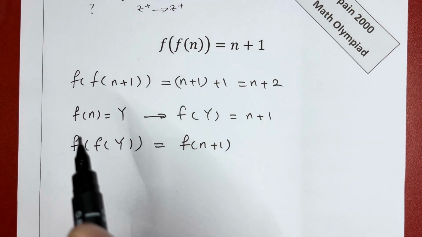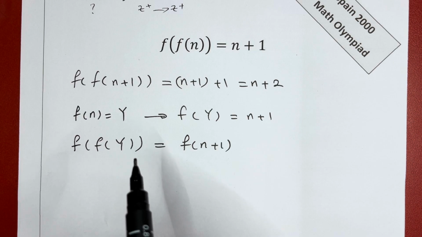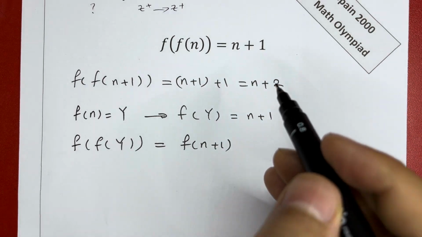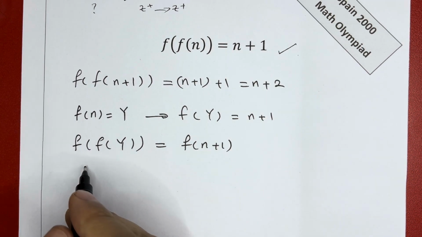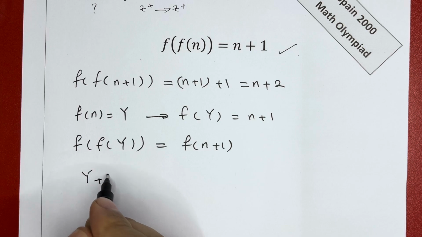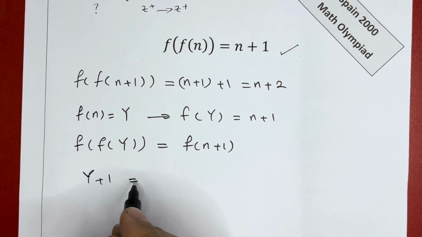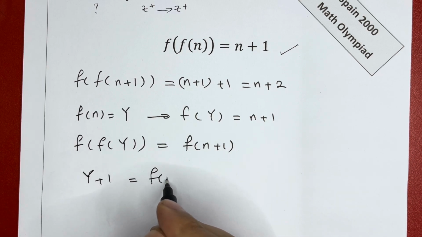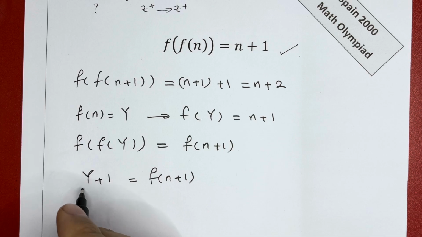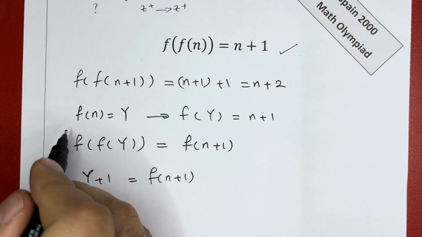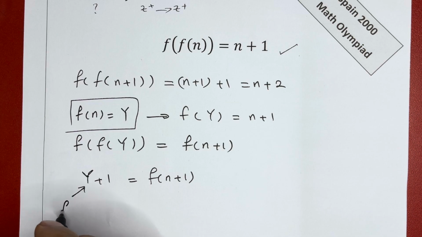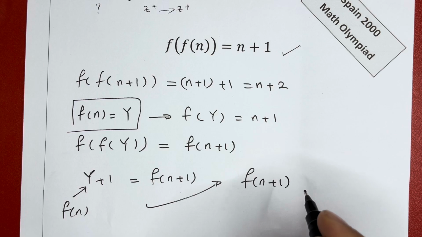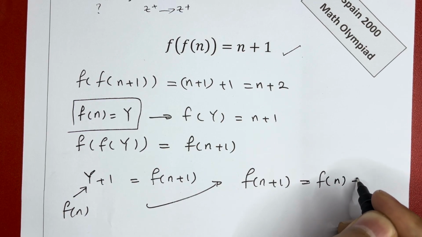So f of y, based on this relation, is going to be y plus 1, and f of f of n plus 1 you just leave as it is. Or instead of y, based on this relation, you can put f of n. Long story short, f of n plus 1 is f of n plus 1.